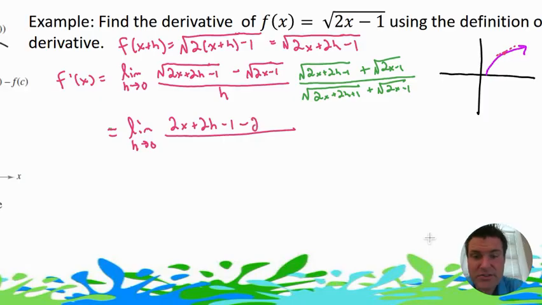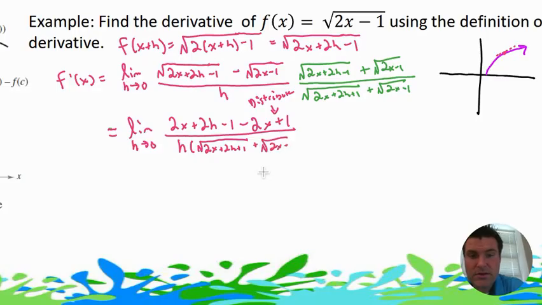So that's minus 2x plus 1 to distribute. Okay? So that's how we get that plus 1, and this is going to be all over h. And then we have this big ol' ugly conjugate. And there we go.